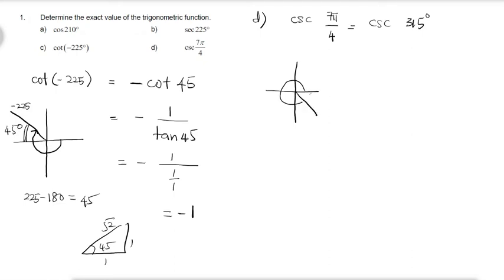To find the reference angle on this side, it is 360 minus 315, so you get the reference angle as 45. So we can find cosecant 45 degree. And the sign, don't forget, this is at the fourth quadrant where cosecant is negative.